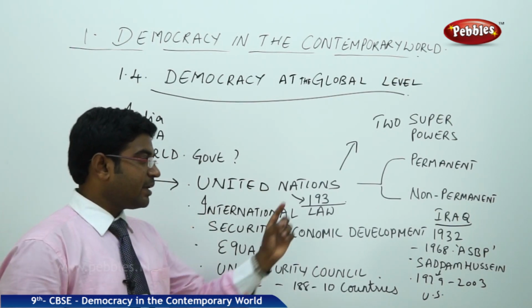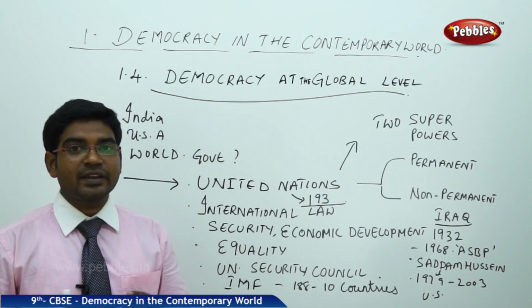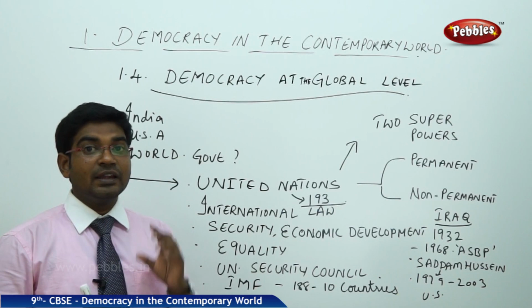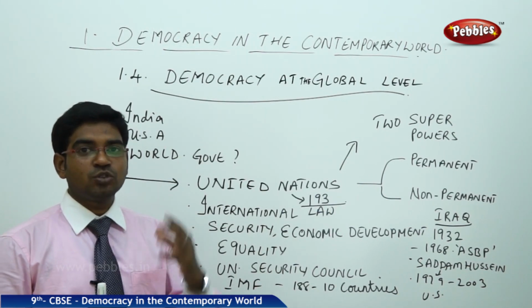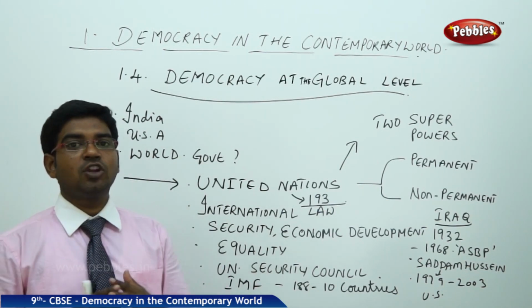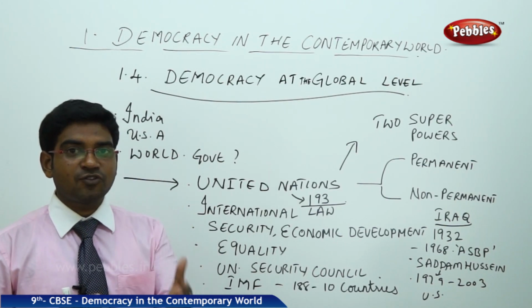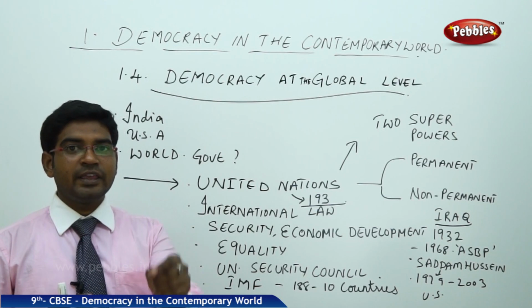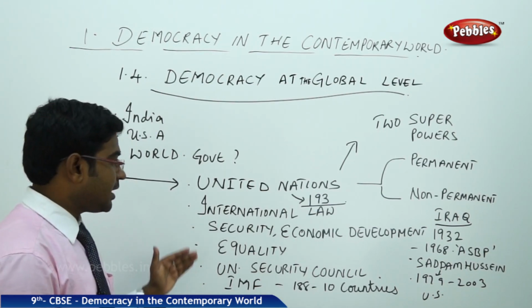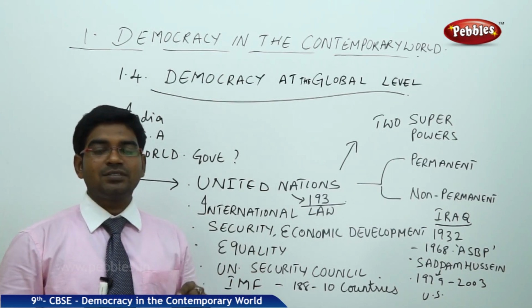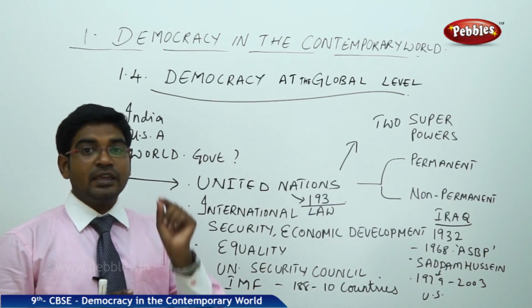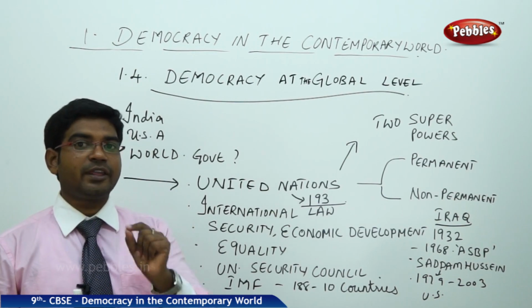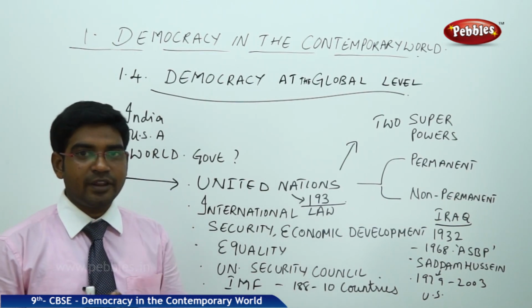Then economic development: for countries which got independence after the Second World War, they decided to help them economically so that the infrastructure and the living standard of the people would increase in those countries. They also started to work towards establishing equality in all countries. An equitable society is the dream of the United Nations.